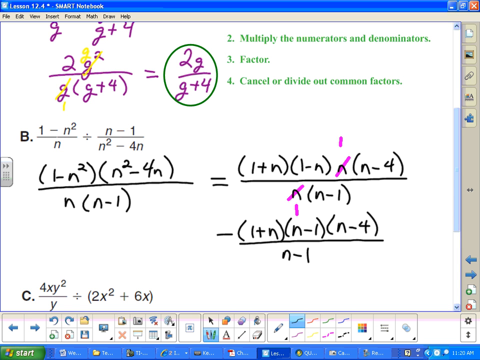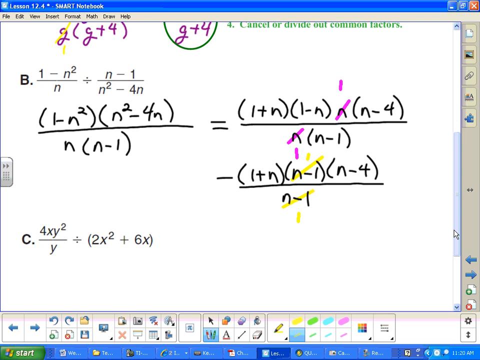All right. By factoring out the negative out of 1 minus n, I have a negative out front. I can change that 1 minus n to n minus 1. And then we can simplify those two parts. So my answer is going to be negative quantity 1 plus n times the quantity n minus 4.